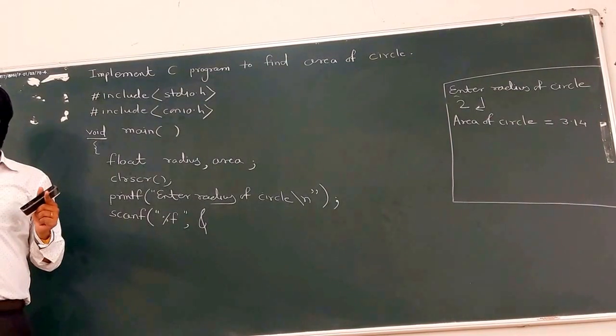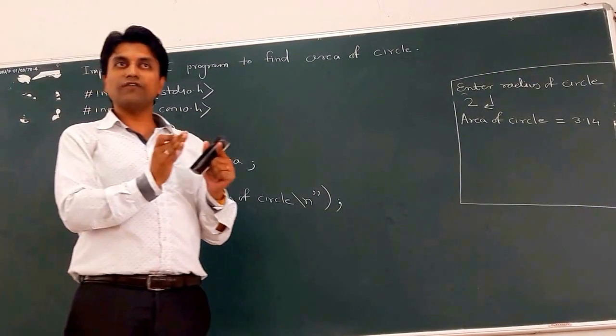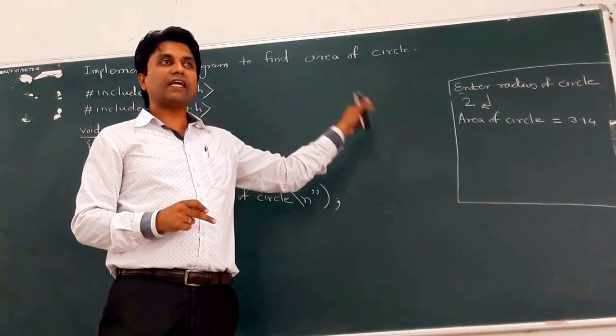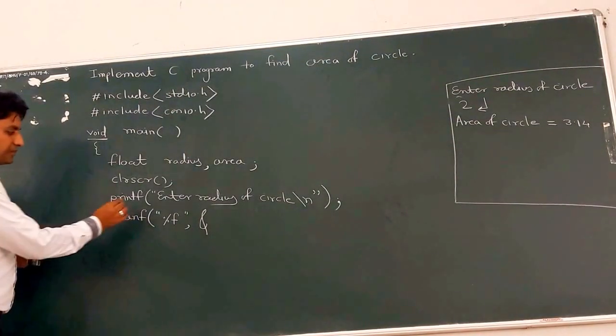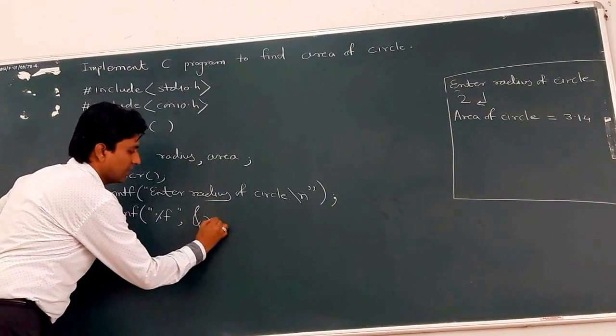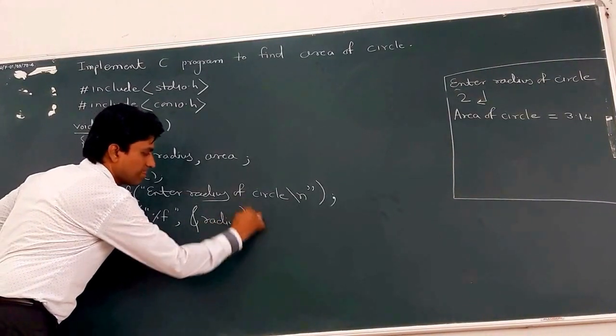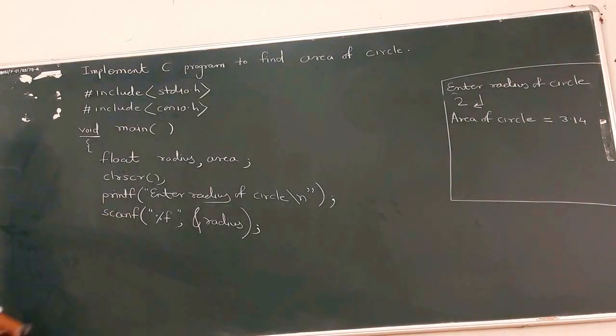That means the variable is a local or auto variable, and auto or local variables are stored on the stack partition of your RAM. Clear? So ampersand of radius. Parenthesis complete, give a semicolon at the end of the statement.